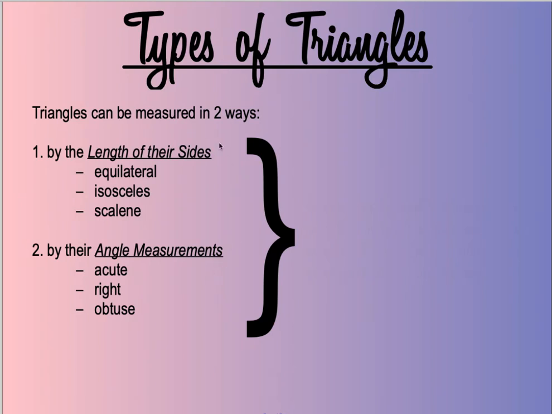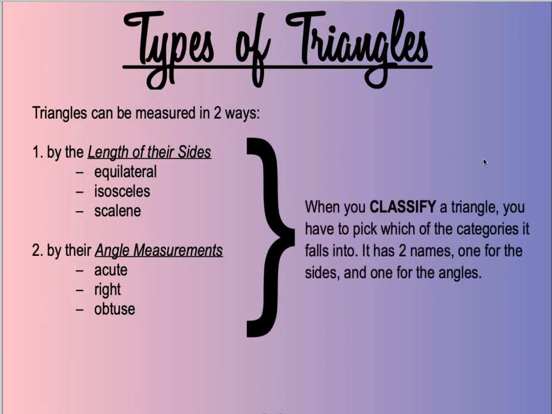You can do the length first, or you can do the angle first. It doesn't matter. However, when you classify the triangle, you have to be able to pick which kind of side does it have and which kind of angle does it have. So it has two names for every single triangle. But first, we're going to discuss each type separately.